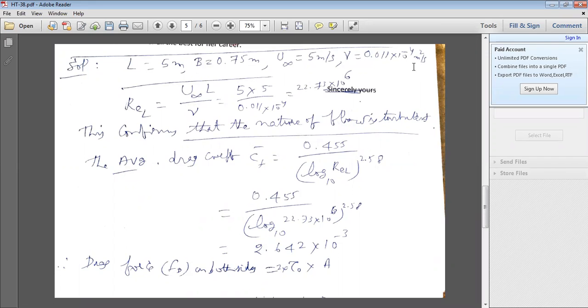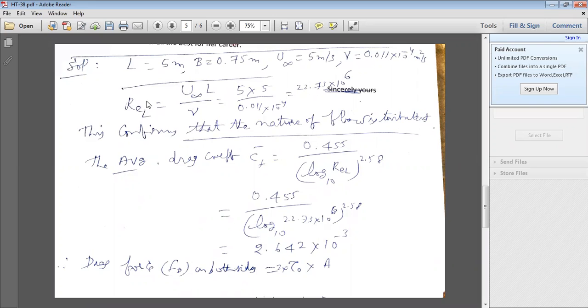First you have to verify whether the flow is turbulent or not, by calculating the Reynolds number.